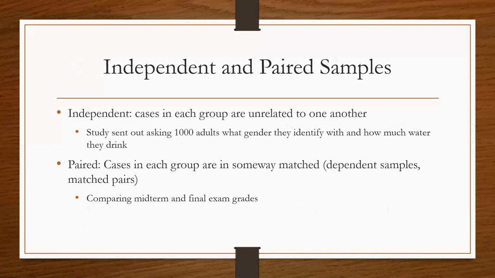Or you could be asking what's known as a paired sample. So it's cases in each group that are somehow matched. Dependent samples and matched pairs are other words for it. For instance, it's comparing midterm and final exam grades, basically because generally the better you do on the midterm, the better you're going to do on the final. That's just how it is.